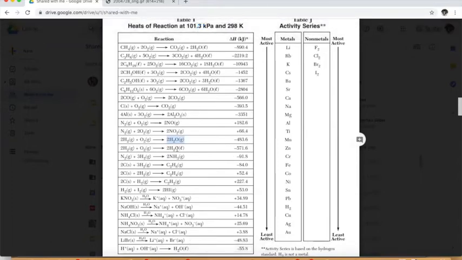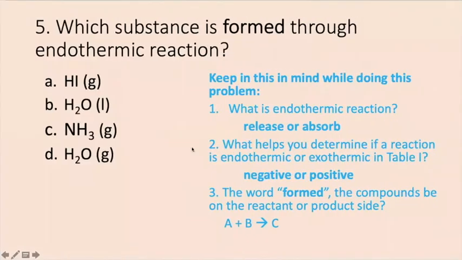Now, the other one was NH3, which is also a negative number. So in this case, if you were taking the Regents exam, you would look at these 4 answers and you would say, okay, we got 1 positive one, which is endothermic. We have 1 that's exo, exo, and exo. So the correct answer is letter A.